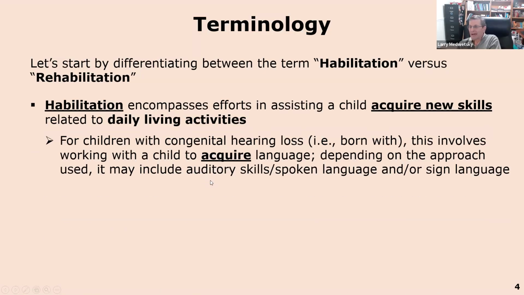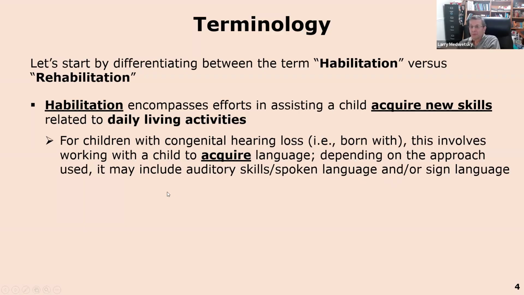So, for example, children who are born with hearing loss. So, congenital hearing loss, congenital means born with. It involves working with a child to acquire language. So, they don't have language, so we have to help them develop something. So, by habilitation, we're helping them acquire the skill of language, which they need as part of their daily living.